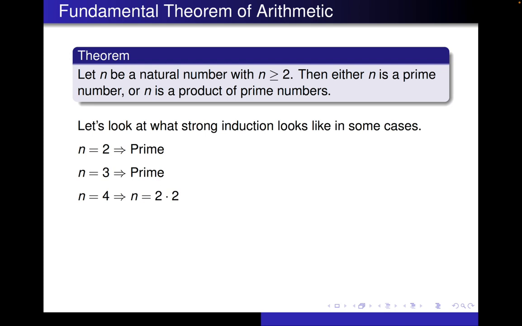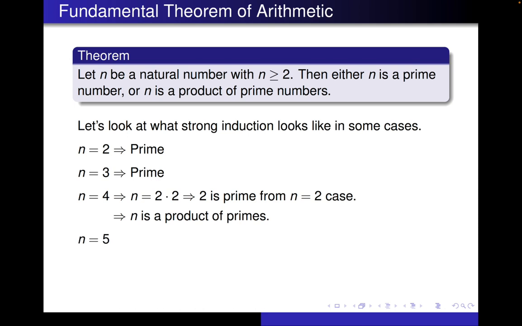However, if we go back to the n equals 2 case, we know by the n equals 2 case that 2 is prime, so writing 4 as 2 times 2 actually is writing it as a product of primes. If we're thinking in induction thinking, we know that because a couple steps back, we proved that n equals 2 is a prime number. So 2 is prime from the n equals 2 case, and that means n is a product of primes.